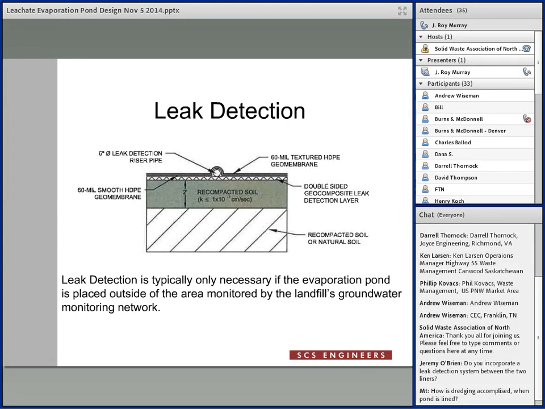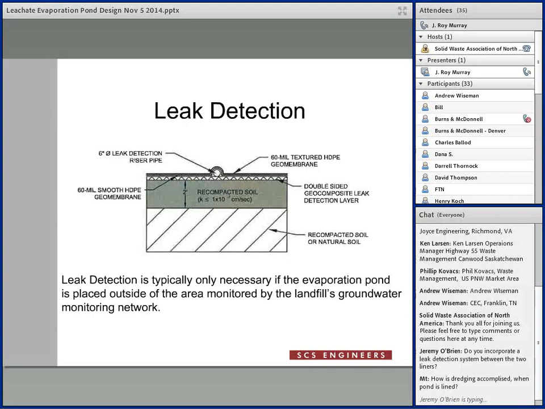We've had to do this, but we've typically had to do this when the evaporation pond was located outside of the landfill's groundwater monitoring system.